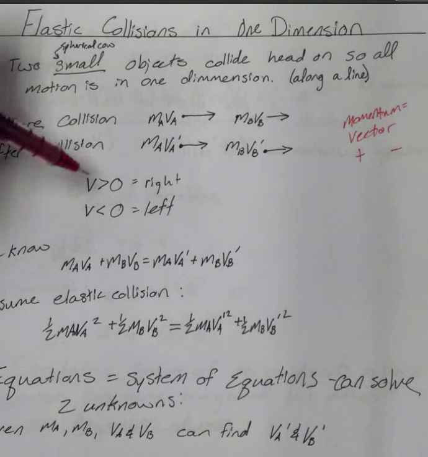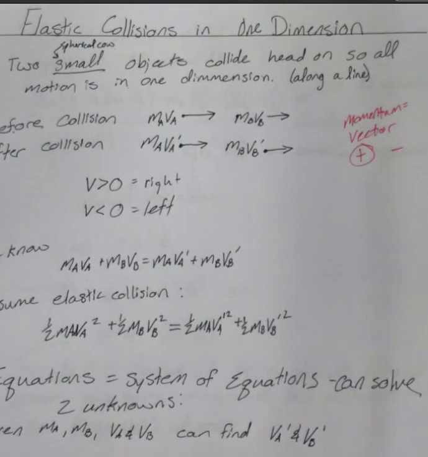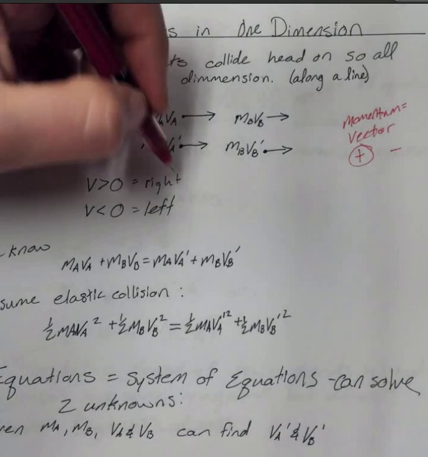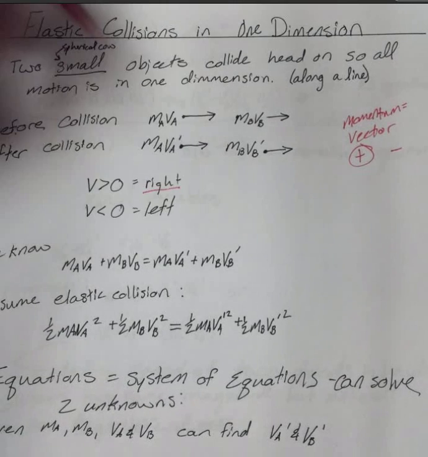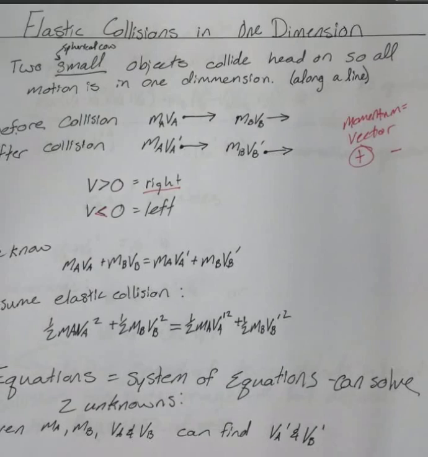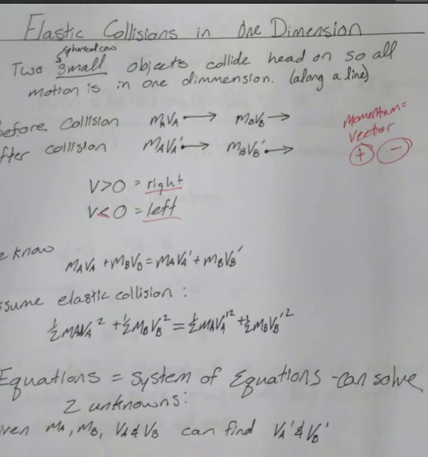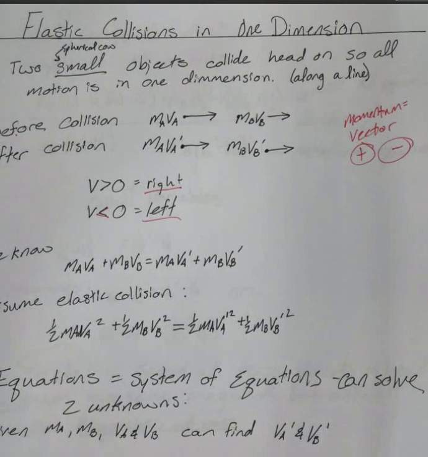We're going to say that any velocity value that's greater than 0, which would mean any velocity value with a positive integer, is going to be talking about direction to the right, and any velocity value less than 0 would be a negative integer, and we'd be talking about motion to the left. And this is true whether we're looking at elastic or inelastic collisions. So let's take a look.